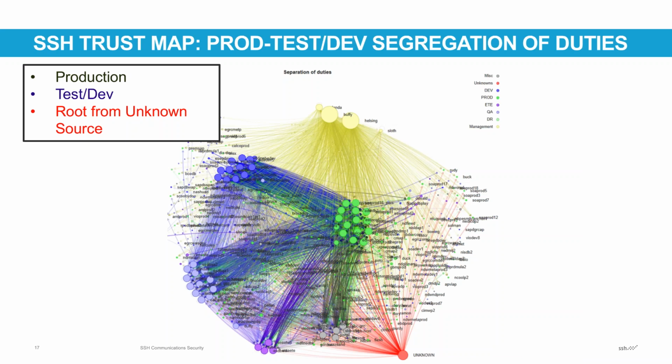Taking a subset of that production environment for that bank that I mentioned earlier with all those crazy numbers, we took a snapshot, and what you see in the middle is their production environment. This spider web shows all the connections into their environment. It shows miscellaneous connections, unknowns, development, production, QA, disaster recovery, management having direct access to production.